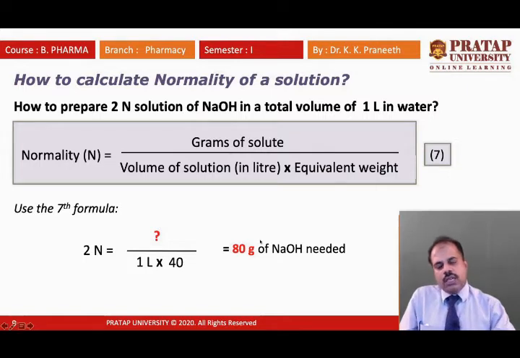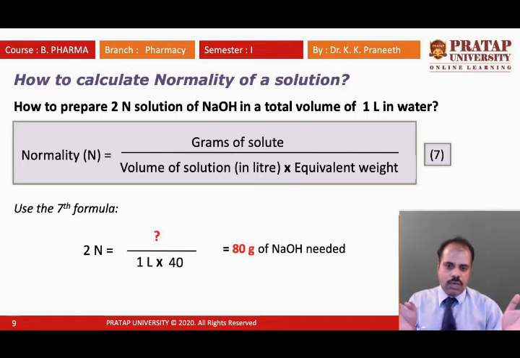So far we have seen what normality is, right? Or how to calculate, first how to calculate the gram equivalent, because of the equivalent weight. This is very important. This comes in this equation, and then we have calculated. We have seen the examples of how to calculate the equivalent weight, both in the case of acid and base. And also it's the same for everything, not only acid and base.